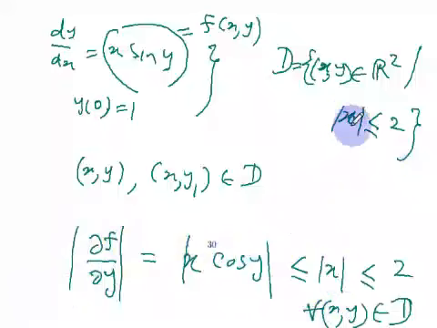We know that (x, y) is any point in the domain, so the modulus of x is less than or equal to 2, because (x, y) is a point in D. Therefore, the derivative of f with respect to y is bounded on this domain.